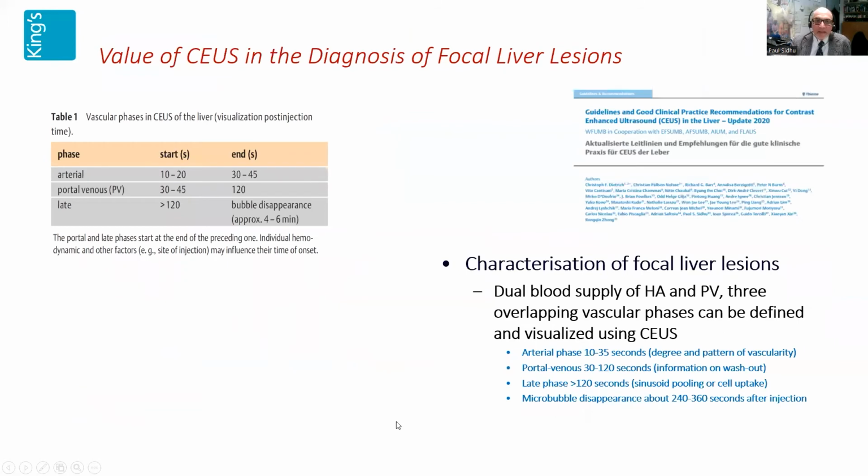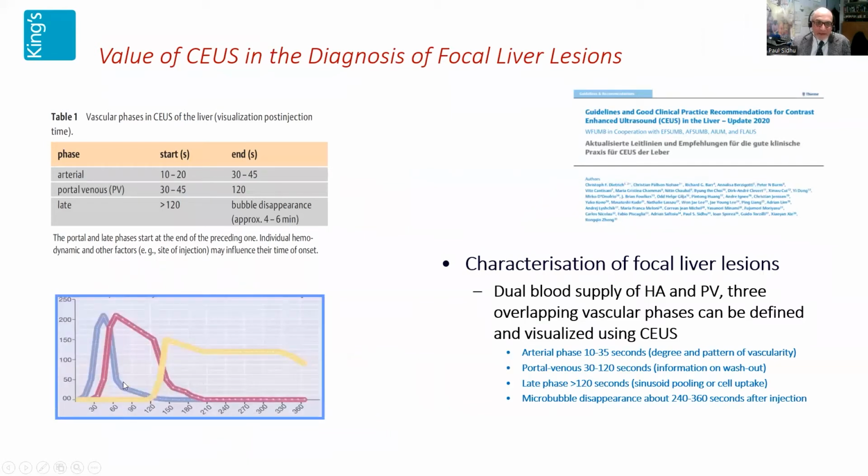So how do you use contrast-enhanced ultrasound to diagnose focal liver lesions? Well, it's exactly the same as you would do in CT. You're looking for the arterial phase of hyperenhancement, which starts very early, portal venous phase, and then the late phase with bubble disappearance. And this is seen both in CT and MRI as well as contrast-enhanced ultrasound.